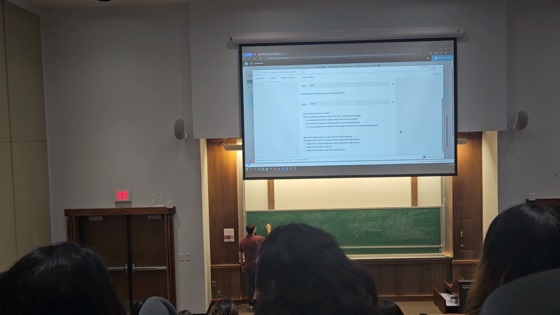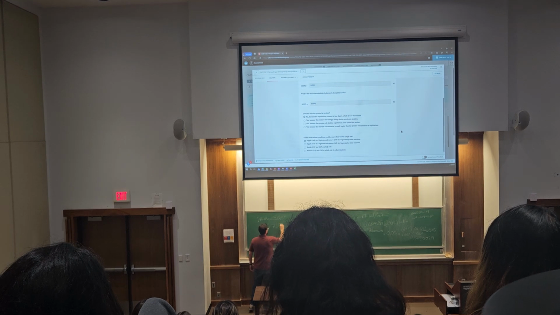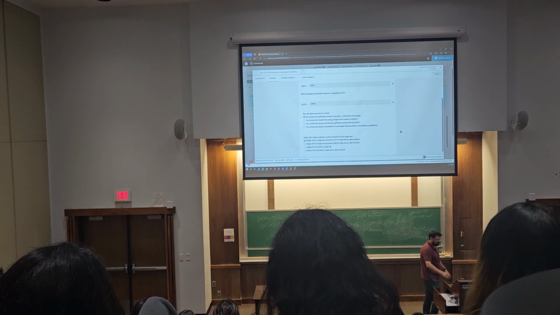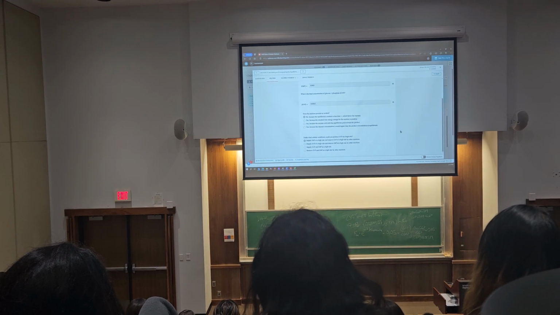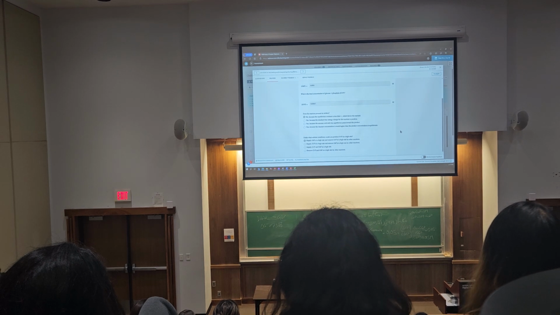The delta G naught prime for this reaction is also about 7 or 8, let's call it 7.5 kilojoules per mole positive. So this reaction doesn't proceed forward. But this step is critical in order to get all the way through glycolysis. We have to convert dihydroxyacetone phosphate into glyceraldehyde 3-phosphate.